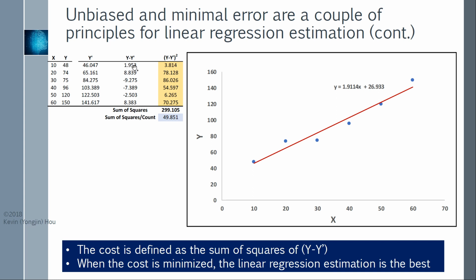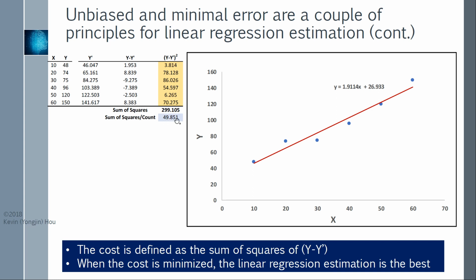Then we take the squares of the prediction errors, and we get this yellow highlighted column, which is simply the square of the error, observation by observation. In the end, we can sum up all the squares of errors, or even divide it by the number of counts, which is 6 here.